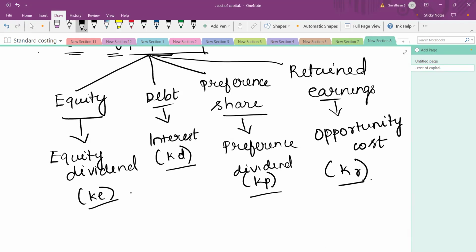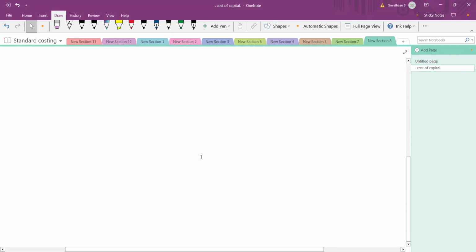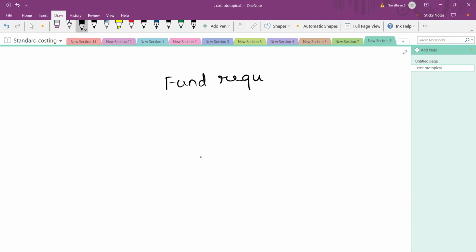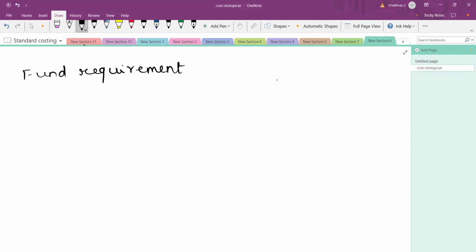Now let's take a simple numerical example to understand what cost of capital actually is. Let's say the fund requirement of the organization is rupees 300 million.